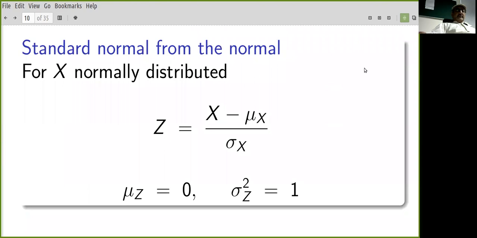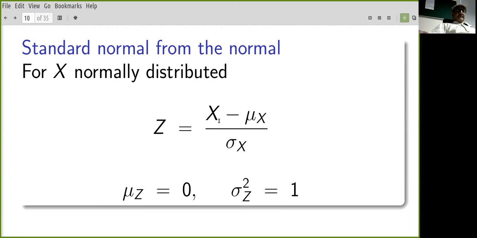For what we're going to do later, we need a way to convert from a given normally distributed random variable X, which might have different mu and variance, to the standard normal.